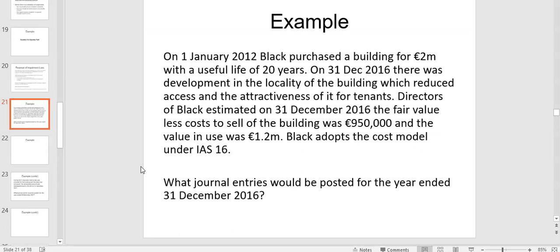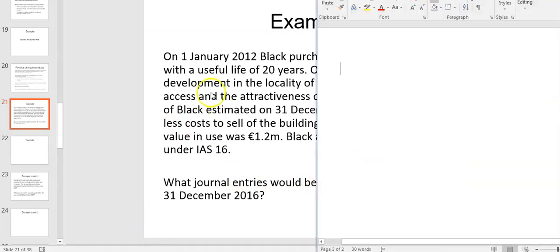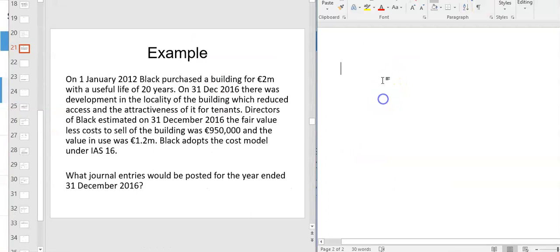The directors of Black reckon now at the end of 2016 that the fair value less cost to sell was 950 and the value in use was 1.2 million. And Black adopts the cost model under IAS 16, which means it doesn't use revaluation, it's merely holding it at cost less accumulated depreciation. So our first port of call is, what would the journal entries be for the year end 2016?